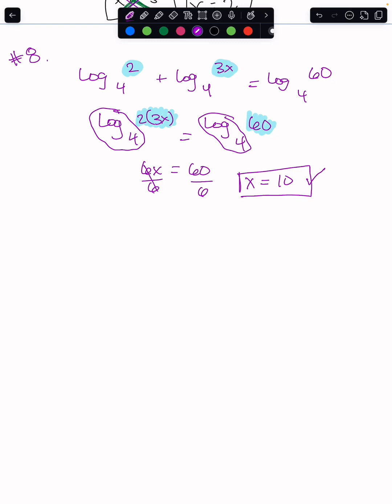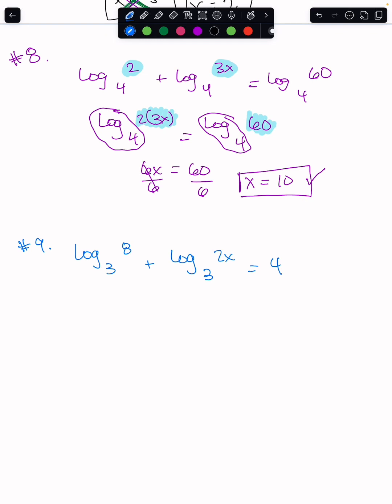Moving right along. And I'm trying to make sure I cover all the different examples that you're going to run into in just a few moments. This is number 9. Number 9 says log base 3 of 8 plus log base 3 of 2x equals 4.